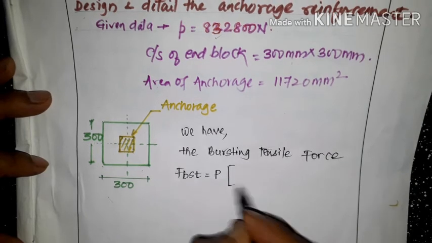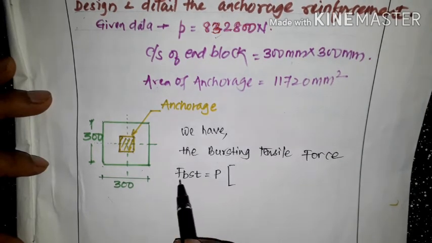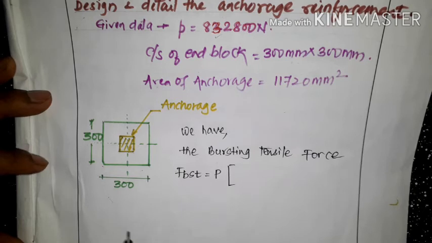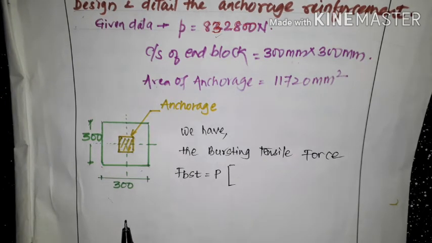For that we have to design the anchorage system. Until and unless you know how much bursting force is developing in the concrete, you cannot design the reinforcement. You can easily find it out.